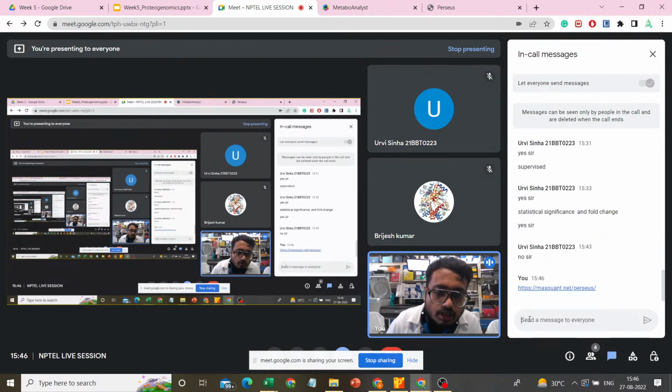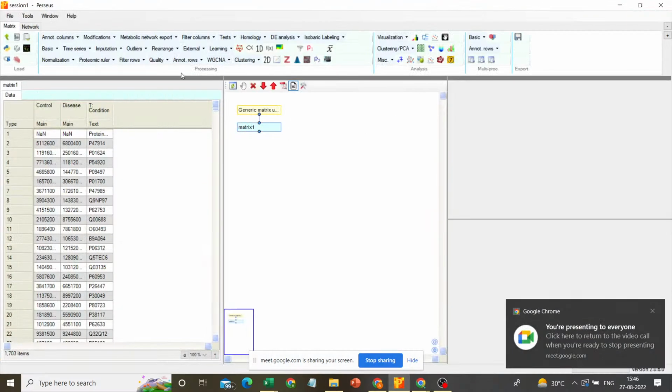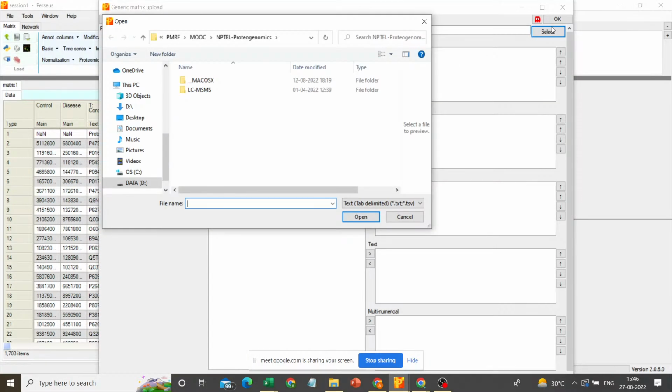So you all can go and download it and use it. I'll just show you how the same thing can be used here also. So finally, what you can do is take the data.